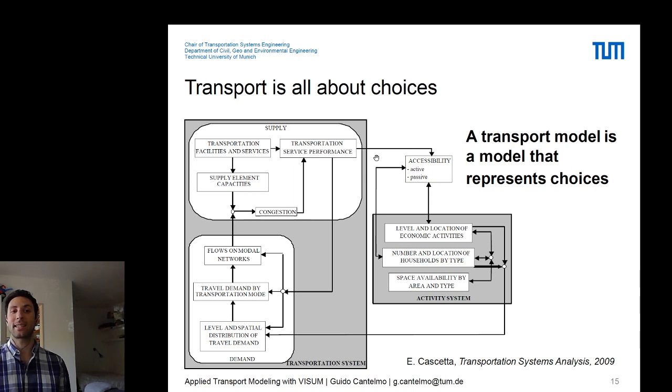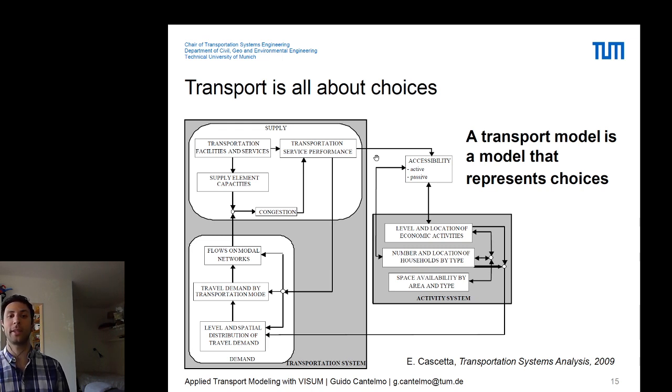So let's make an example for each of them. Let's say we're studying the transport infrastructure connecting Munich and Berlin. The facilities represent the fact that we have train connections, that we have airports, that we have motorways. The supply characteristics represent the fact that the road connecting Berlin and Munich is a motorway, the autobahn.